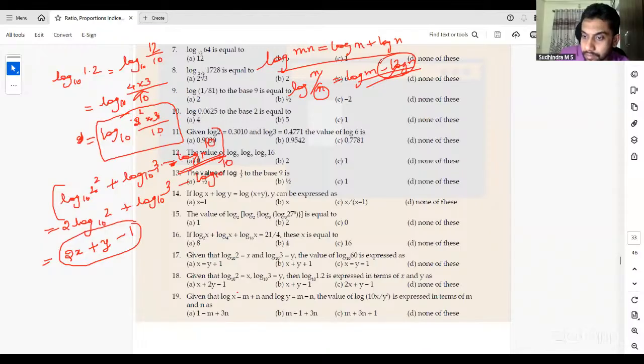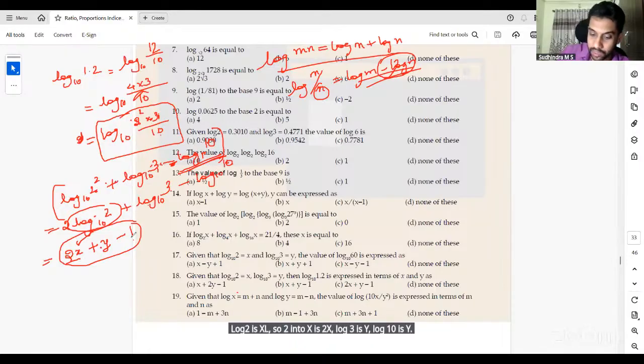Then it is simplification. Log 2 square can be written as 2 into log 2 plus log 3 minus log 10. Log 2 is x, so 2 into x is 2x. Log 3 is y. Log 10 is 1.